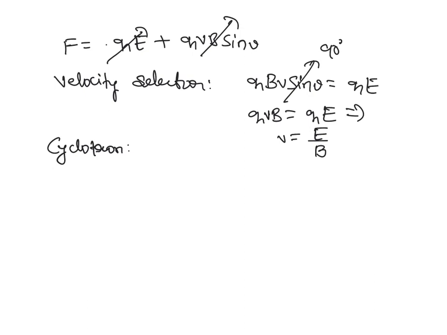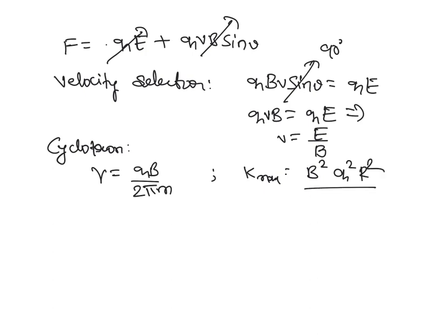The cyclotron frequency ν equals qB divided by 2πm, and the maximum kinetic energy attained by the charged particles in the cyclotron is B² q² r² divided by 2 times the mass of the charged particle. This is very important.